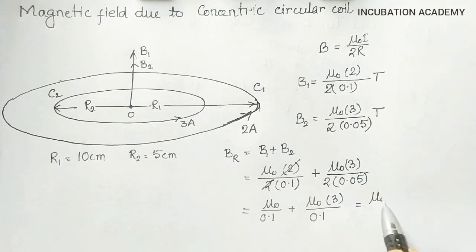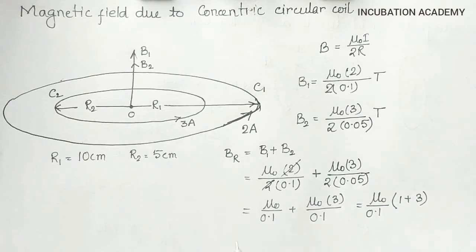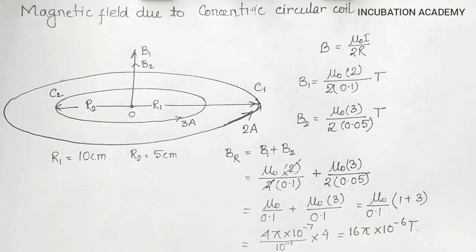Mu naught divided by 0.1 can be taken common from these two terms, so it will be 1 plus 3, that is 4. So it will be 4 pi into 10 to the power minus 7, putting the value of mu naught, divided by 0.1, which is 10 to the power minus 1. It is 4, so 10 to the power minus 7 divided by 10 to the power minus 1 becomes 10 to the power minus 6. So it becomes 16 pi into 10 to the power minus 6 Tesla.